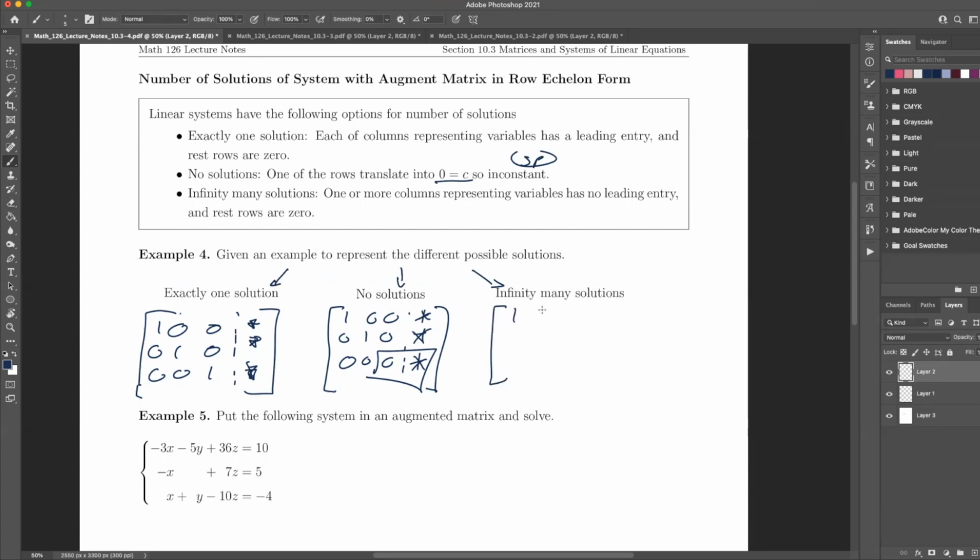Here, if we have infinitely many solutions, we'll have something that looks like this. And actually, let me do two different ones of these. Both of these are representations of infinite solutions.